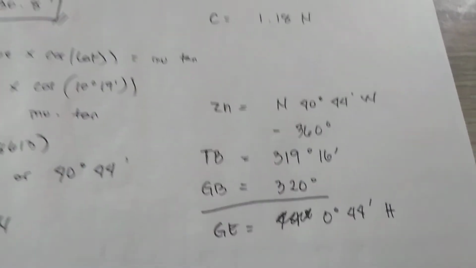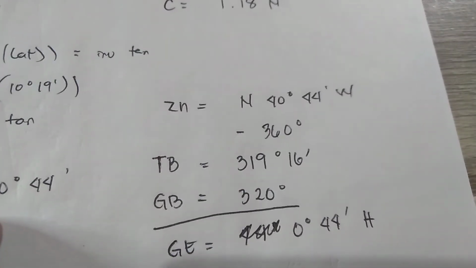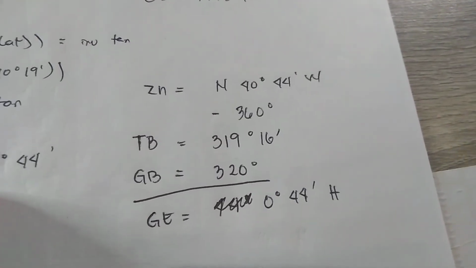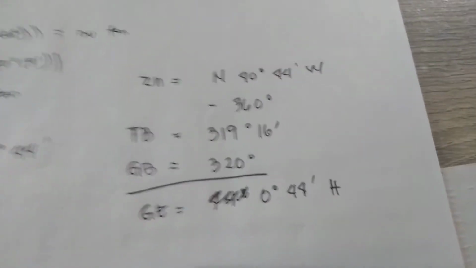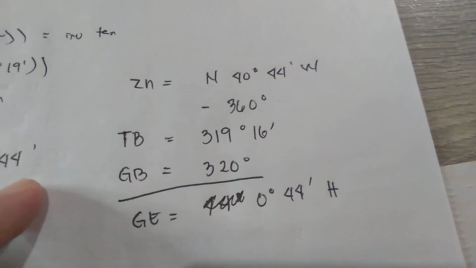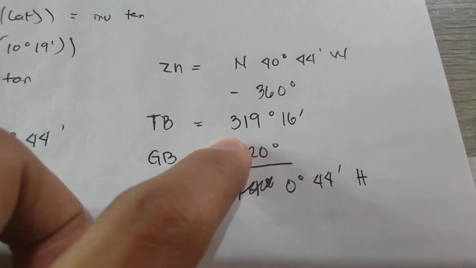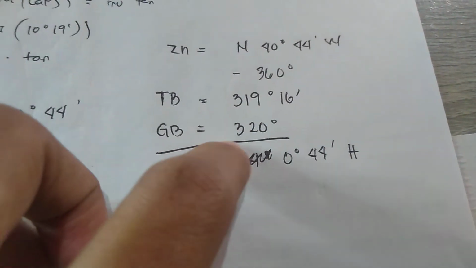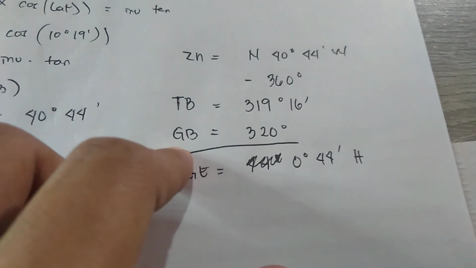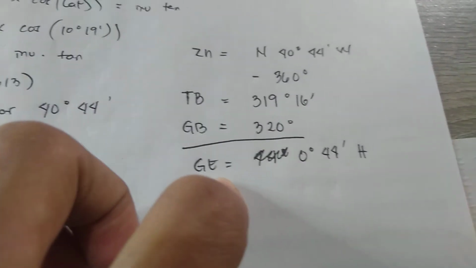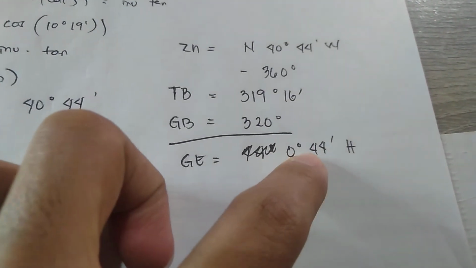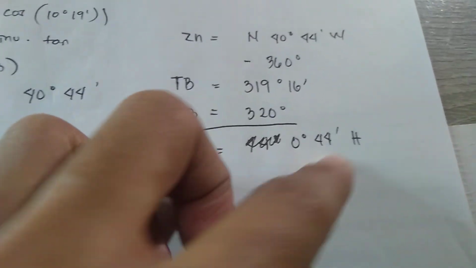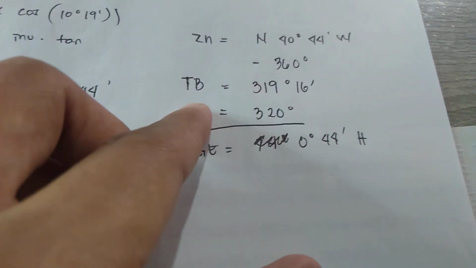For the true bearing, northwest, we simply minus from 360, that would result to 319 degrees 16 minutes. And the gyro bearing observation is 320. Our error would be 0 degrees 44 minutes H, since gyro bearing is greater than true bearing.